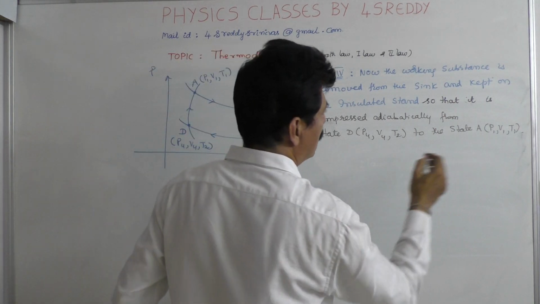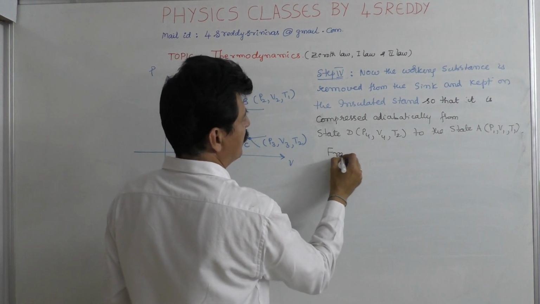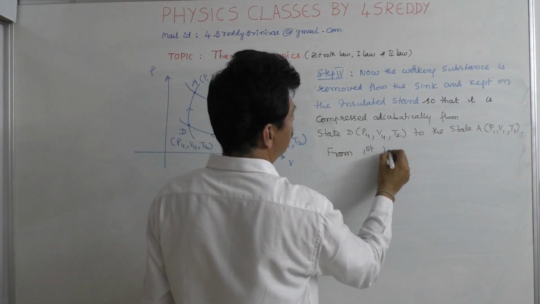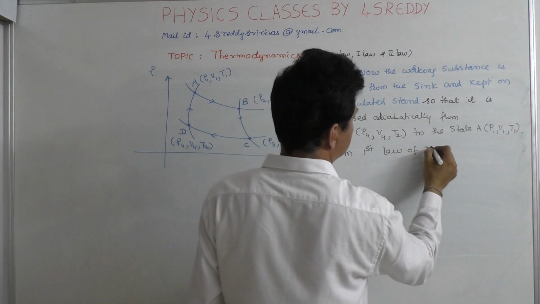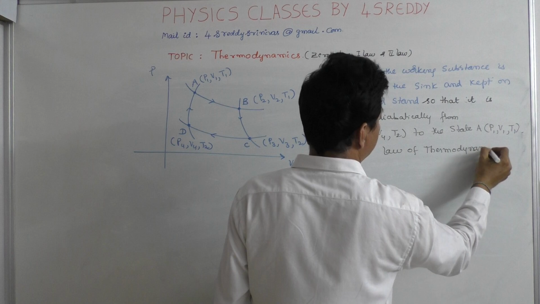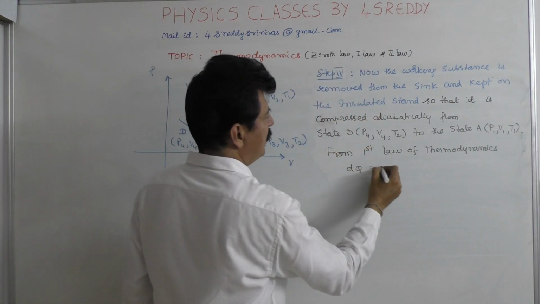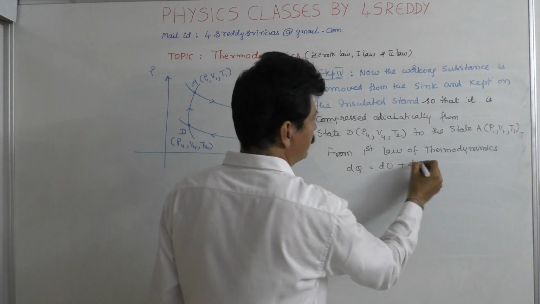And once you got the idea of this, from the first law of thermodynamics, dQ is equal to dU plus dW.